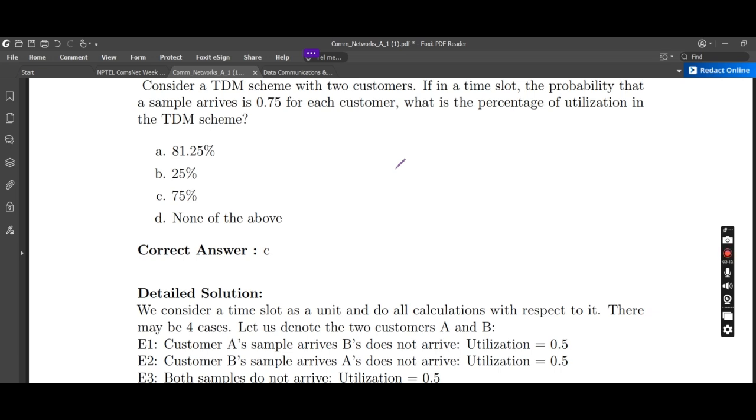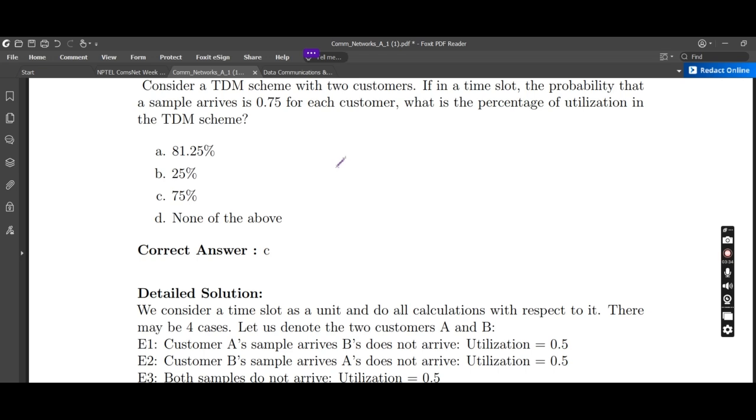A's packet arrives, B's doesn't. A's packet arrives, B's packet arrives. A's packet does not arrive, B's packet arrives, and A and B, none of their packets arrive. So out of these 4 cases, which case will be considered as utilization and which not?